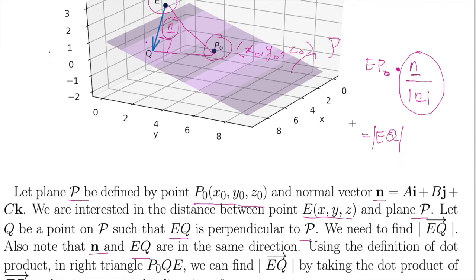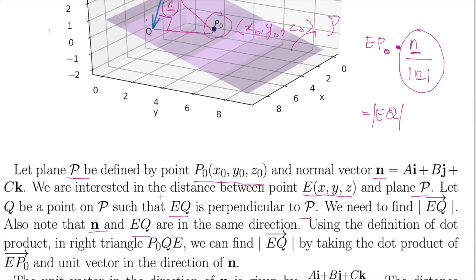Again, using the properties of the dot product, if we have to find the projection of any vector onto any other vector, we find the unit vector of the vector onto which we want to project, and then we take the dot product of the other vector with that unit vector.